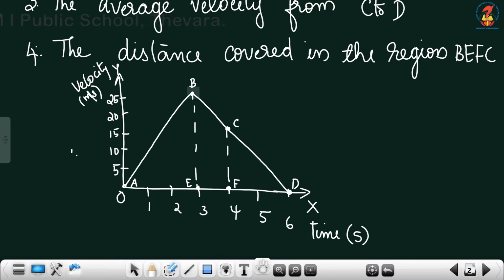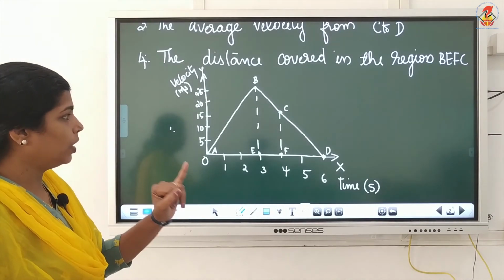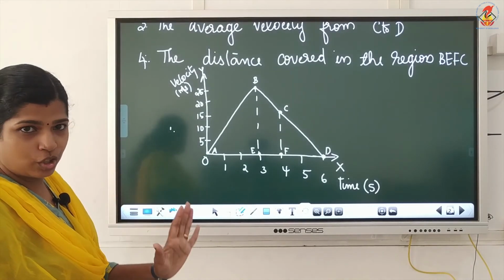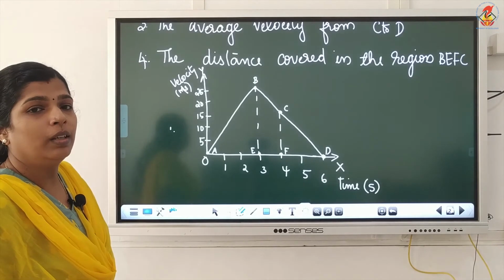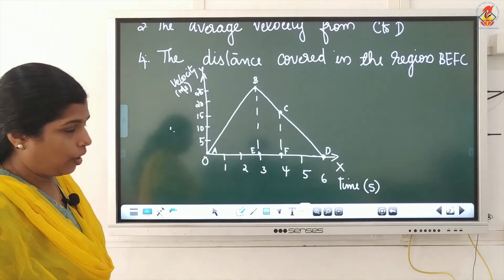Means this portion B, E, F, C. What is the shape of that region? The area of that particular space is equal to the distance travelled. So, if you are asked to find the distance travelled, you just find the area of the shape enclosed by the velocity time graph.